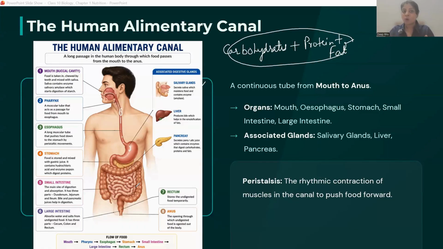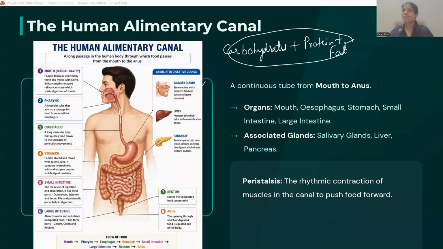Once it is absorbed, the undigested food goes to the large intestine, where final absorption happens. After that, the undigested food is stored temporarily in the rectum and thrown out of the body through the anus. This is the entire journey of the food which we take, and how it is digested.